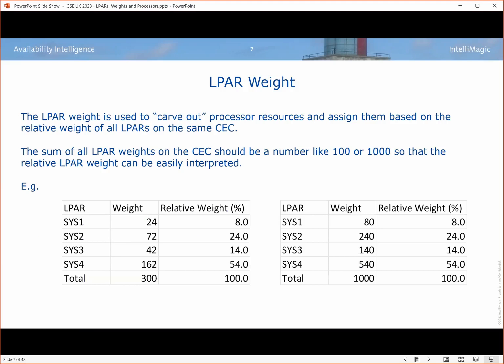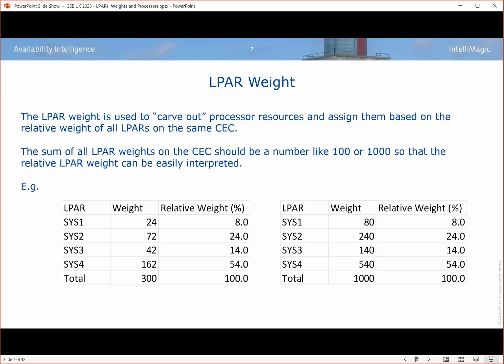Okay, so let's start with the LPAR weight. You have a CEC, a mainframe, and you've defined your partitions, z/OS LPARs, and you assign a weight to each LPAR, just a number.